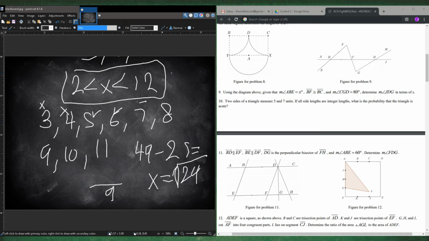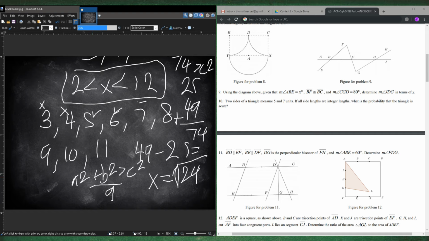So we have 5 squared, which is 25, and 7 squared, which is 49. We add them together, and that's 74. As I said before, a squared plus b squared has to be greater than c squared for it to be acute.